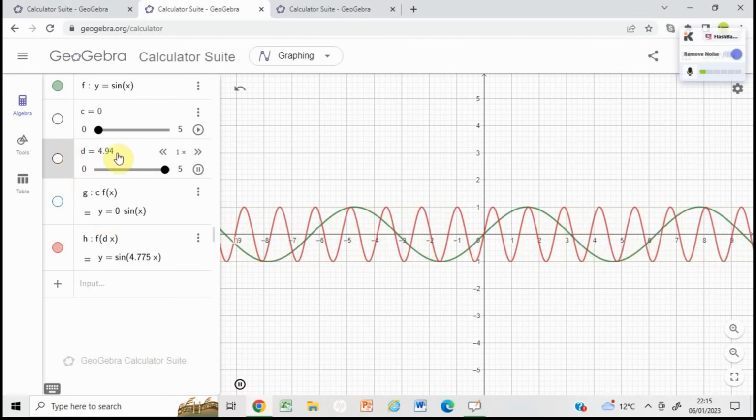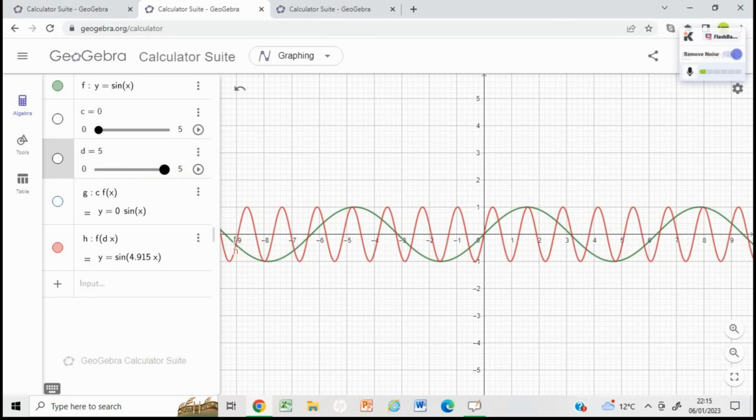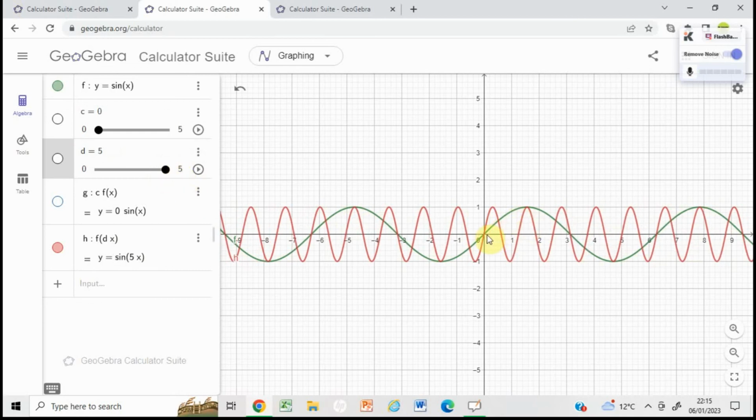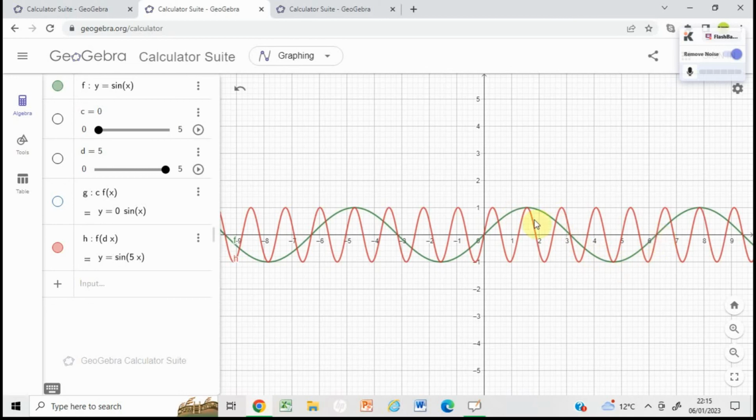So let me just show you over here. If I pause it at 5, where you would normally have one wave, so you have one wave of y equals sine x, over there you're going to have 5.